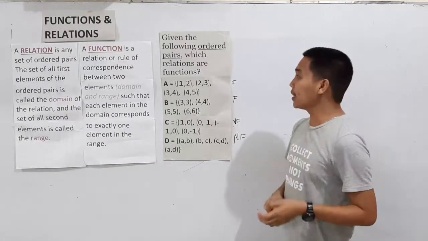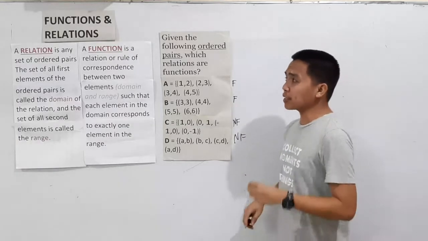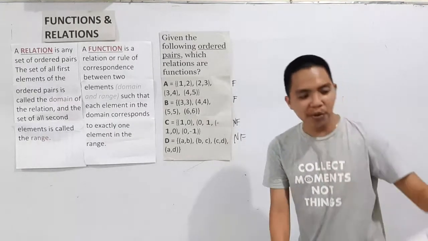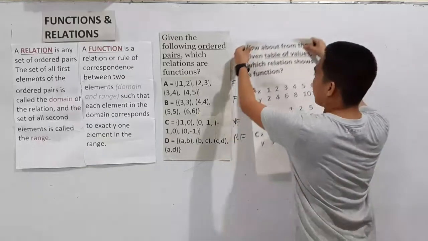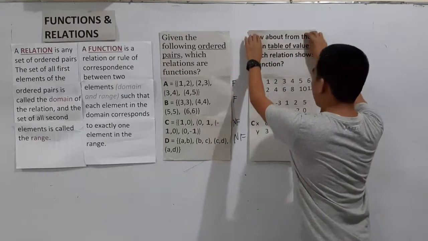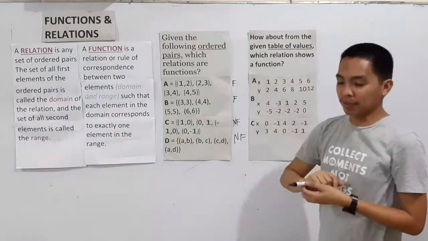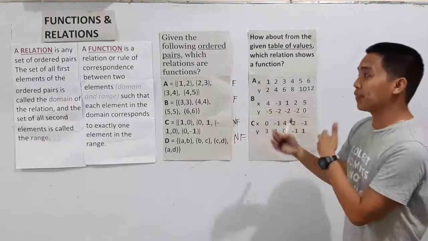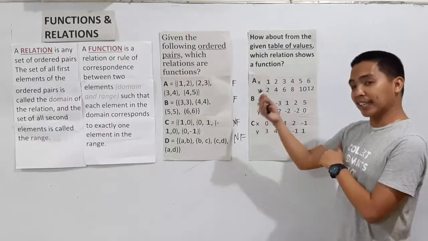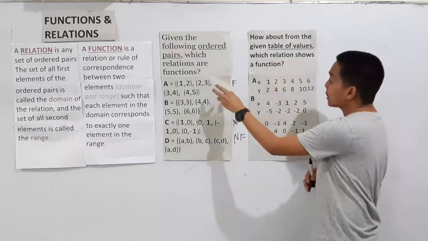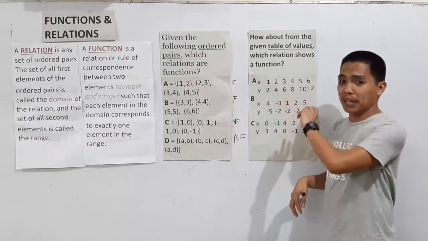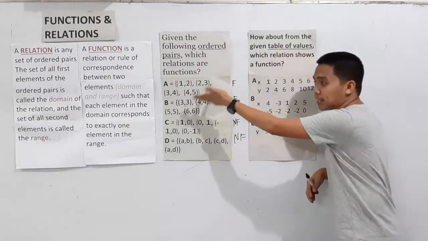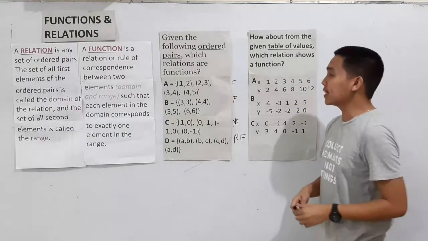The second one, we can express functions and relations through a table of values. Okay, it's just that vice versa, you can have ordered pairs and table of values. These ordered pairs can also be put here in a table of values, and a table of values can also be expressed using these ordered pairs.